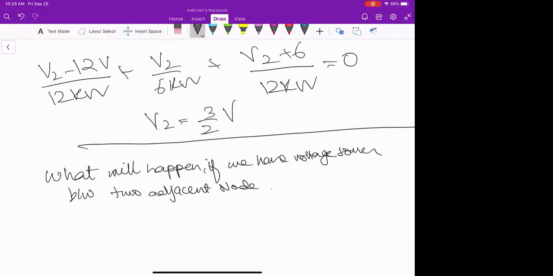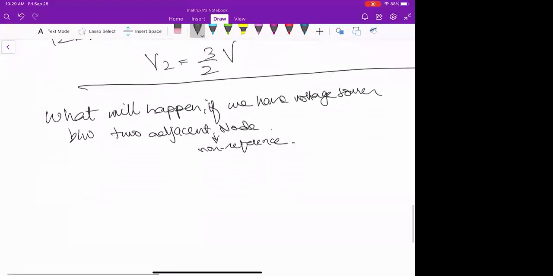Right now we have two adjacent non-reference nodes. Before, we had a voltage source between a non-reference node and the reference node, right? We did not see a case where we have a voltage source between two non-reference nodes. So let's see.